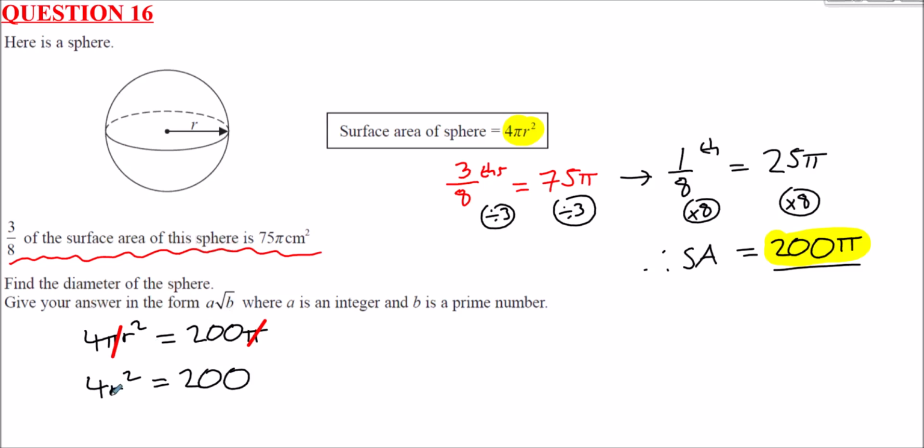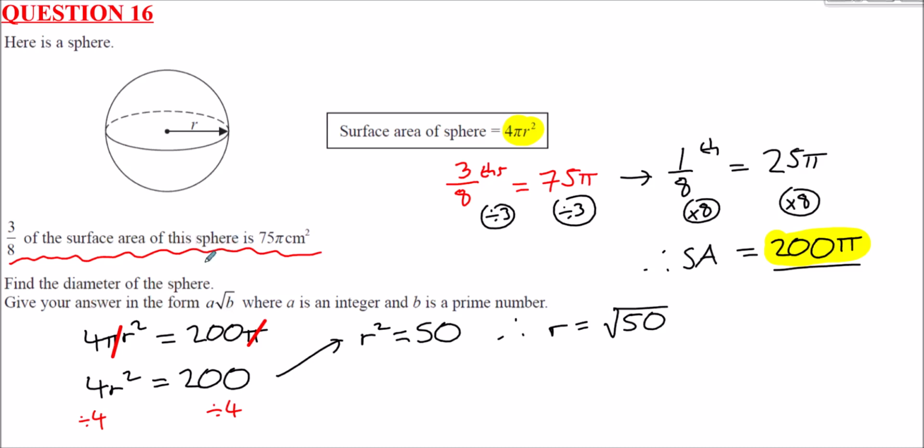To isolate r squared, we can now divide both bits of this by 4. And if we do that, we just get r squared on its own. And 200 divided by 4, a quarter of 200, is 50. So therefore, r will be the square root of 50.